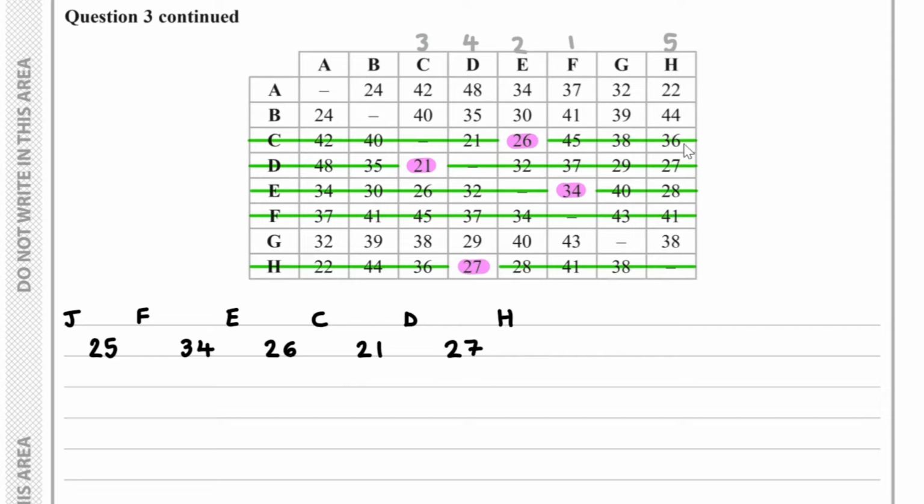The smallest entry is the 22, and that takes us to A.